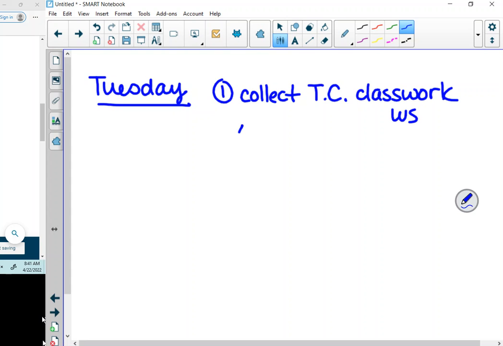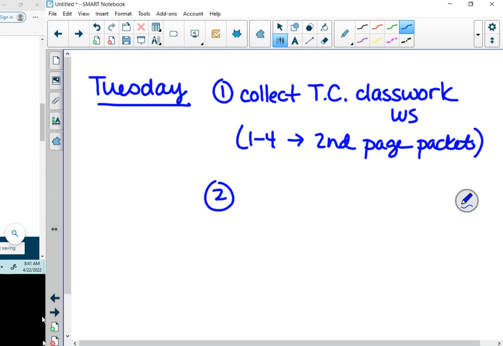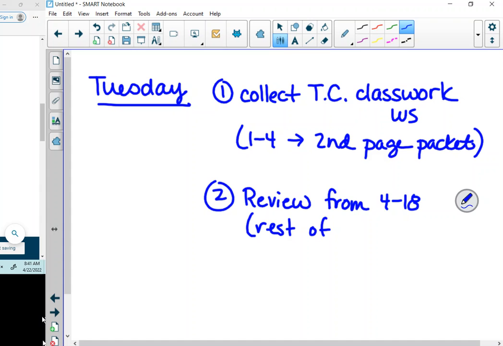Worksheet 1 to 4, second page of the packet. And the other thing I'm going to collect from you is the review that we worked on Monday, which has the rest of the quiz concepts on it.